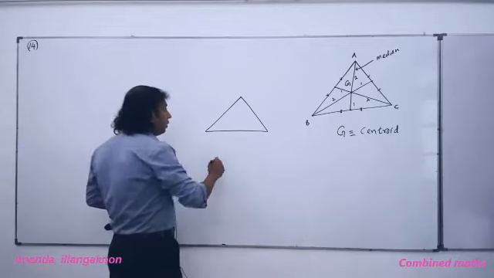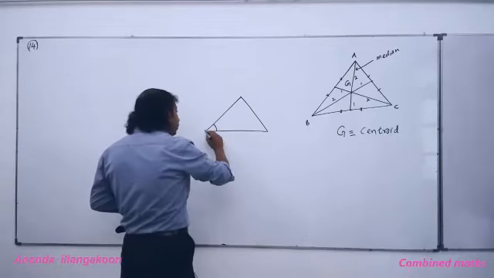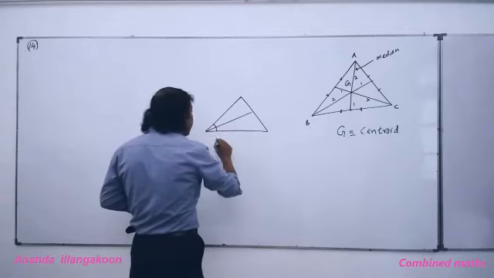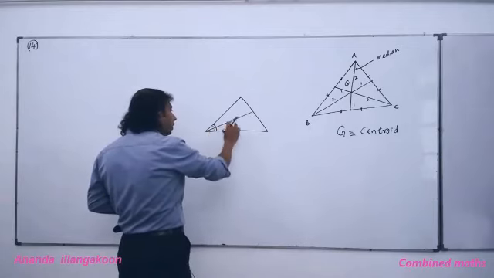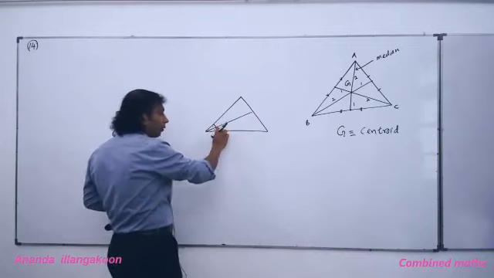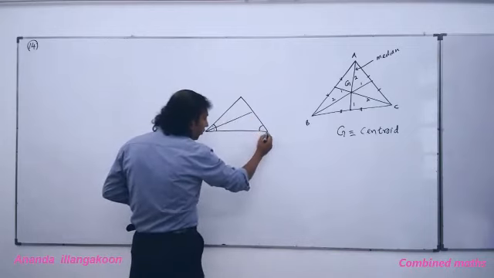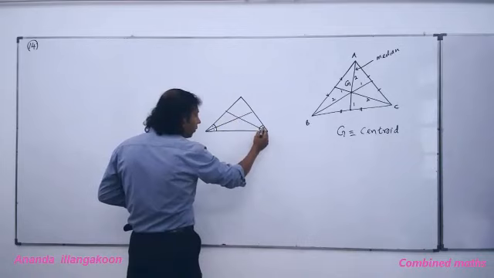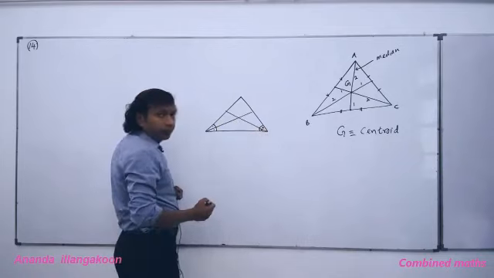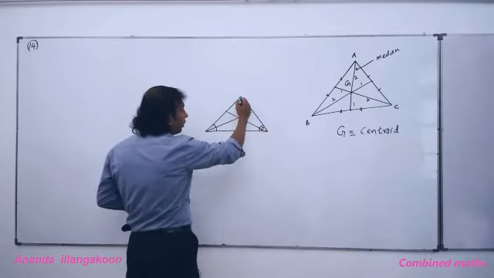When we consider an angle bisector this way, this angle is bisected by this line, so this is called an angle bisector. This angle we bisect, and this angle we bisect.